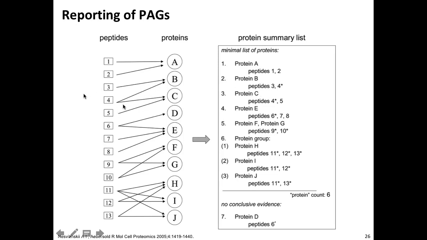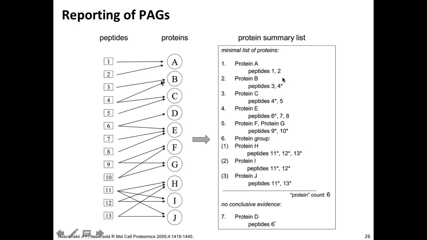And there you see now things can get a bit complicated if the same peptide maps to multiple proteins. Then you can see that multiple proteins are supported by the same peptide, like B and C through peptide 4. And you will get groups where we cannot really make out whether all of these are present.